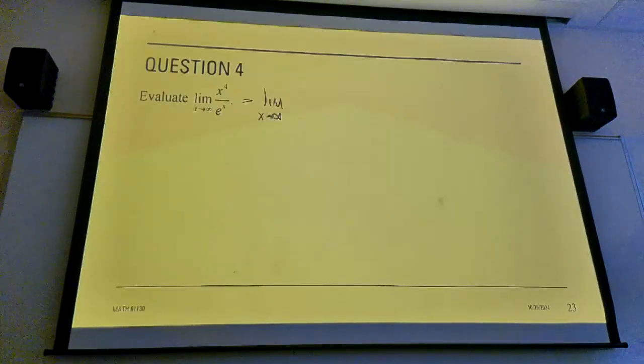Derivative of the numerator. Derivative of the denominator. Plug in infinity. What do you get? That's weird. I got infinity over infinity. Oh, infinity over infinity. We can use L'Hopital.